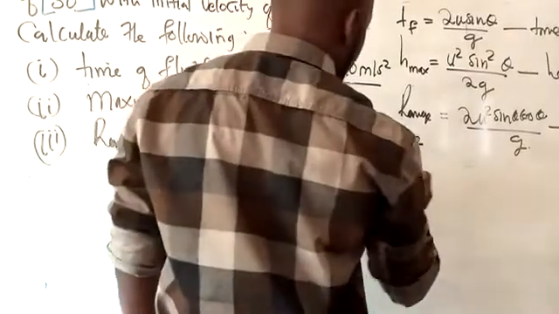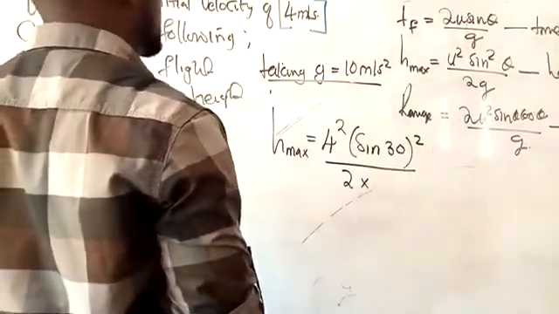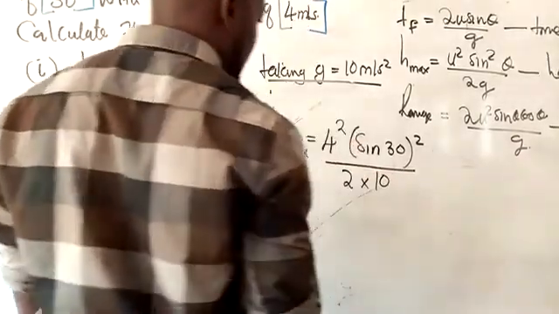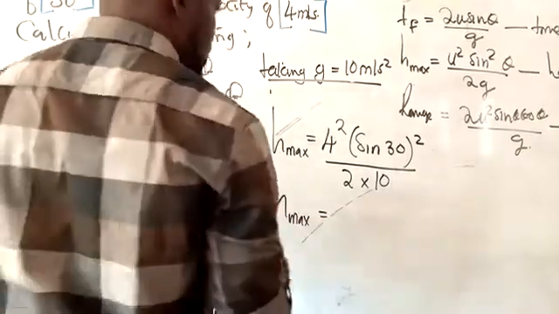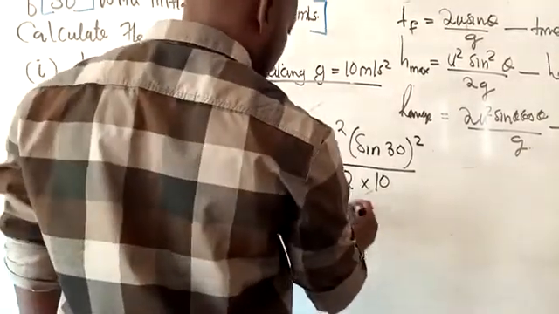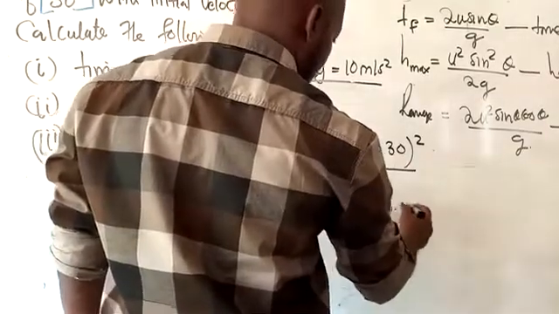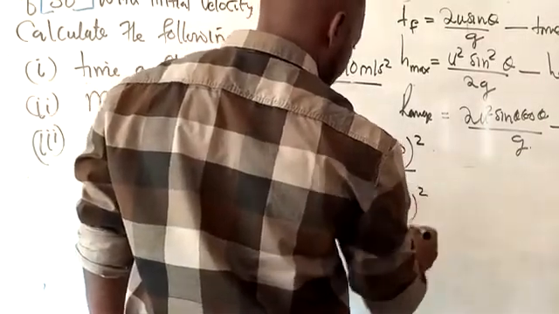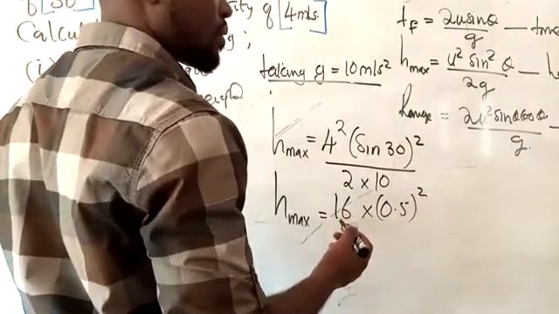Alright. Divide by 2 multiplied by g, we said it's 10. So in that case, we have h maximum is equal to 16, again, so 0.5 squared.